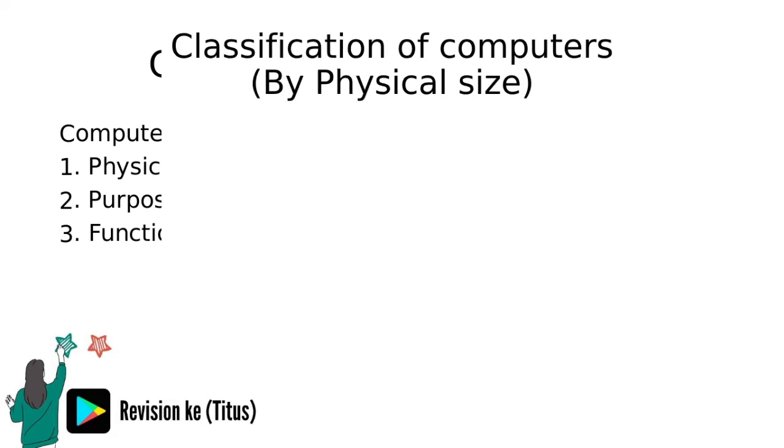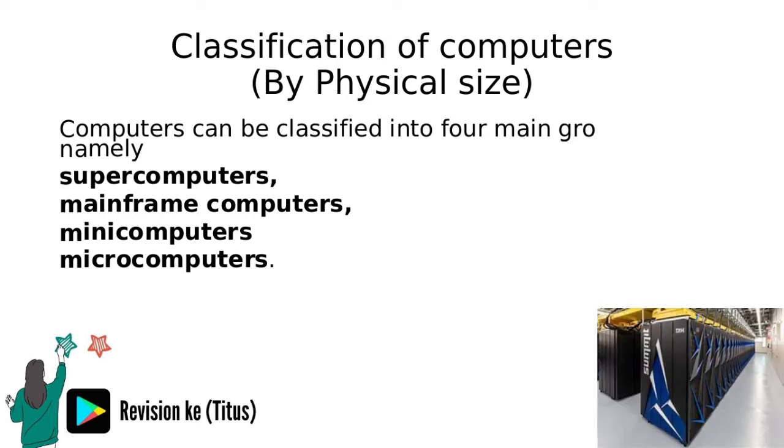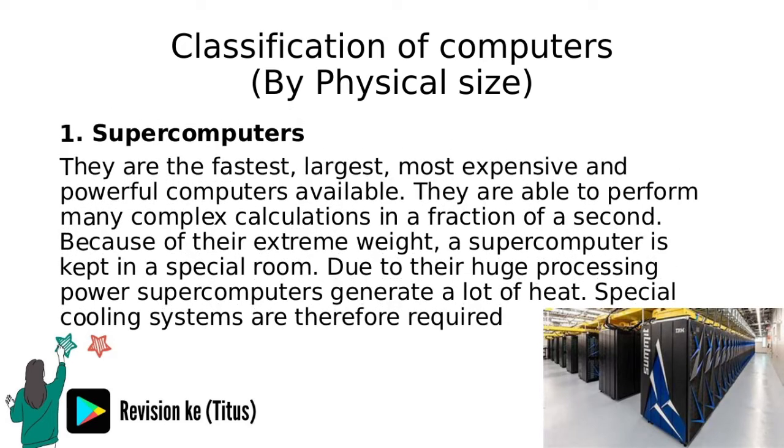So quickly, we classify computers into 4 main groups according to their physical size: supercomputers, mainframe computers, minicomputers, microcomputers. This is what a supercomputer looks like, and they are used mainly for research. You won't see them around.